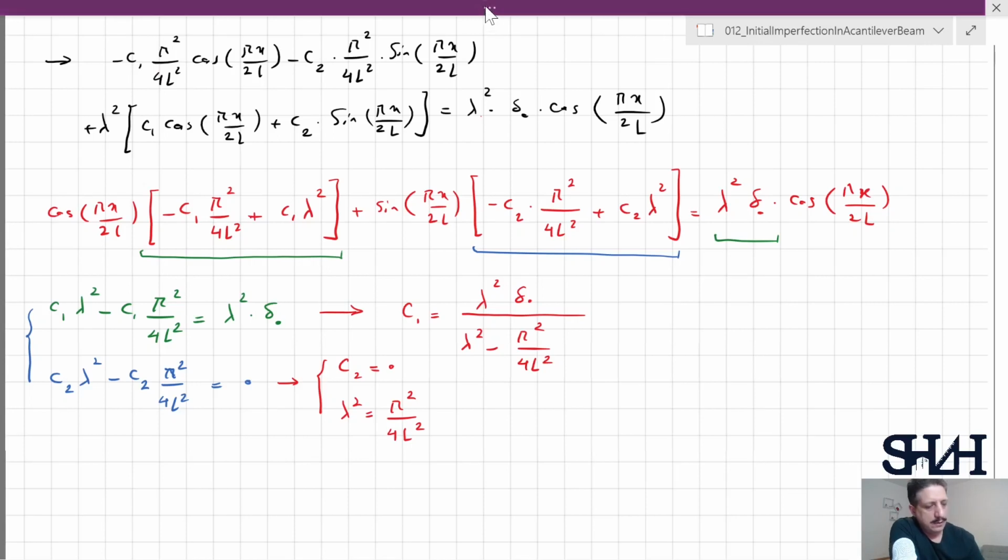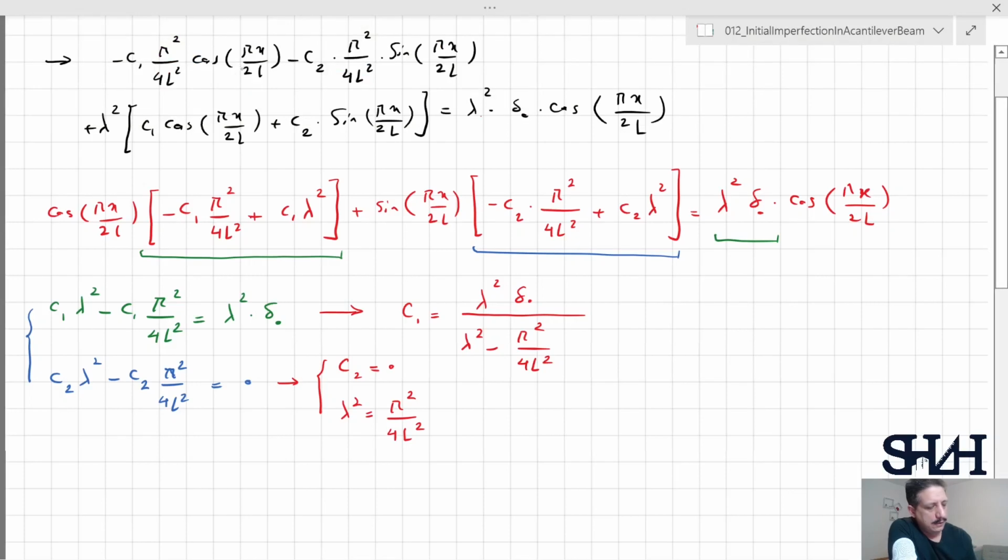Now, if lambda square equals pi square divided by 4l square, then c1 will be infinity. As a result, it's not going to be the solution.